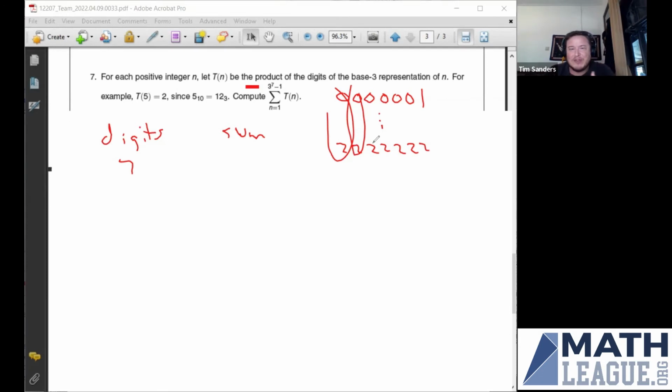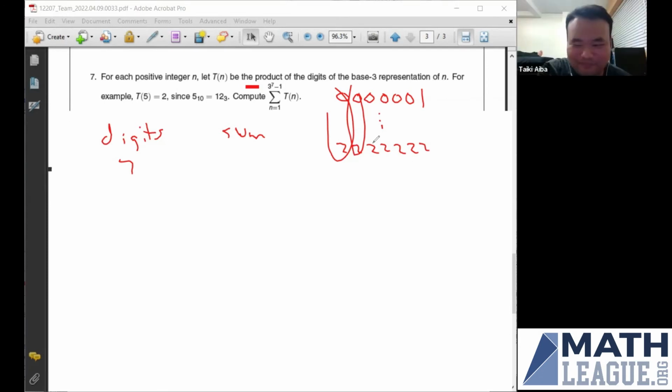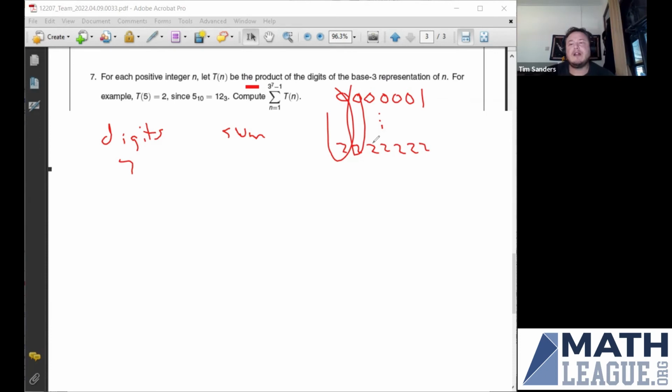Combinatorially again, we can build up every one of these that way. We're going from 1 up to 3 to the 7th minus 1. This whole thing is 3 to the 7th possibilities. Then if we do (0 plus 1 plus 2) to the 7th, we end up with 3 to the 7th possibilities also, because 0 plus 1 plus 2 is 3.